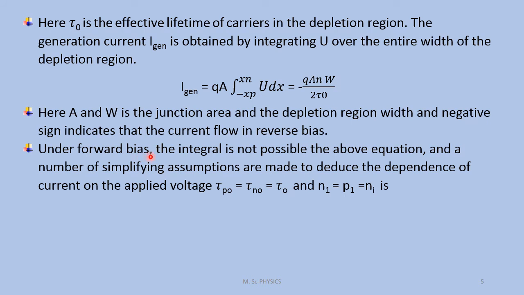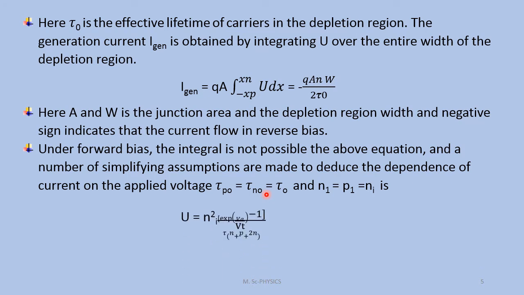Under forward bias, the integral is not possible in the above equation, and a number of simplifying assumptions are made to deduce the dependence of current on the applied voltage. Tau p0 is equal to tau n0 is equal to tau naught, and n1 is equal to p1 is equal to ni.